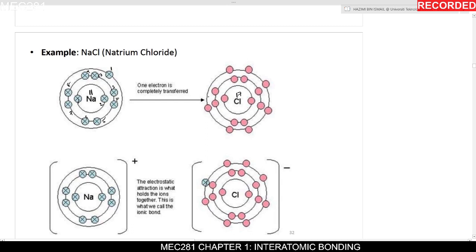If the chlorine has one more, it is very stable because it fulfills all the quota in the outer shell. Every outer shell has a maximum of 8. If we have more shells, there may be a maximum of 18, 32.